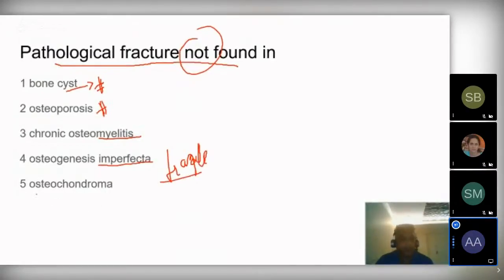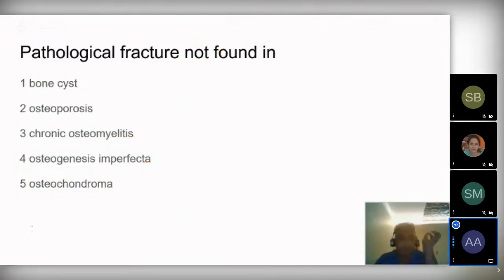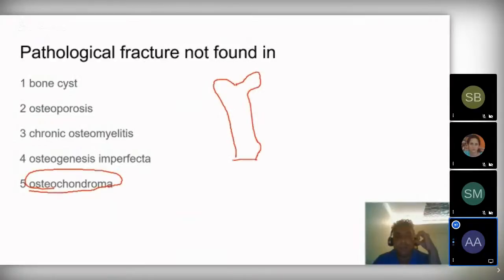So osteochondroma is not a cause for a pathological fracture. You please remember, don't misunderstand this question. I will draw a diagram of a femur. You will see there is an osteochondroma. Please remember, osteochondroma grows away from the growing end.